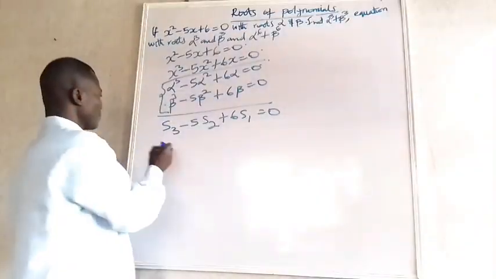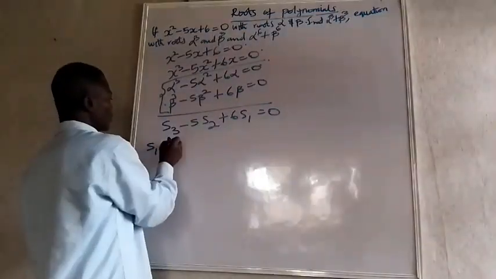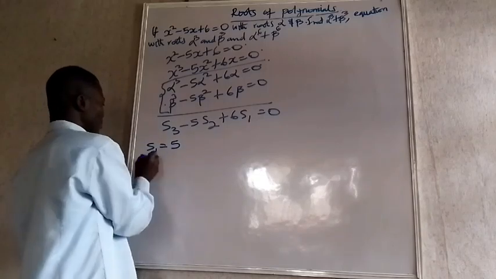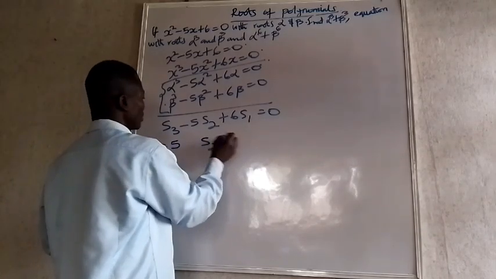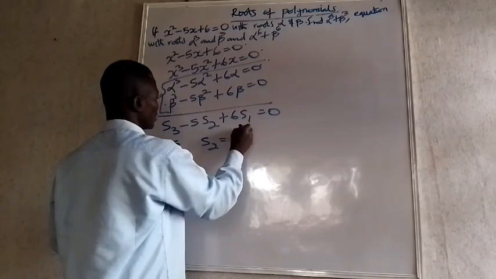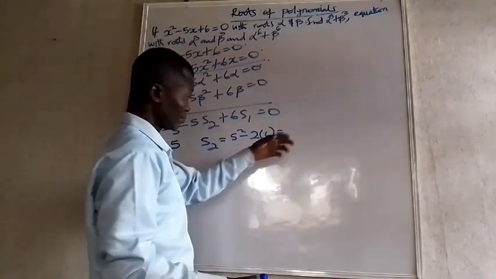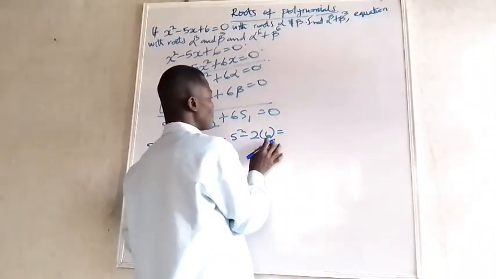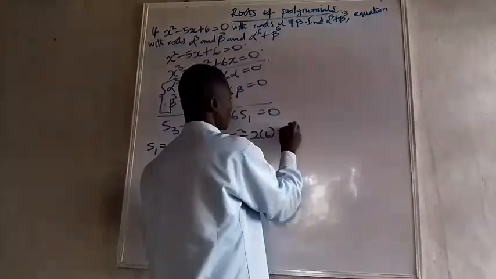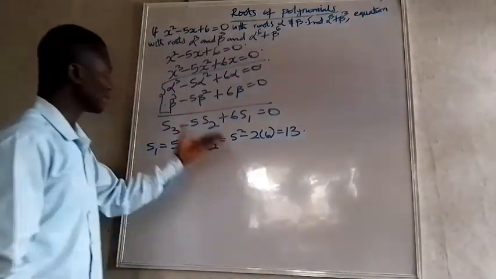What is our S1? It's equal to 5. S2 is going to be 5 squared minus 2 times 6. And what does that give? 25 minus 12, that's 13. So from this I can easily find S3.